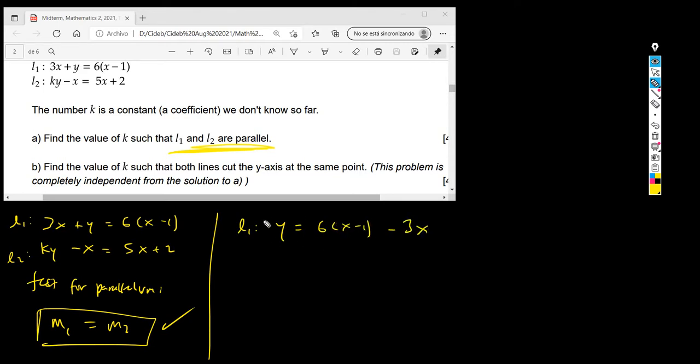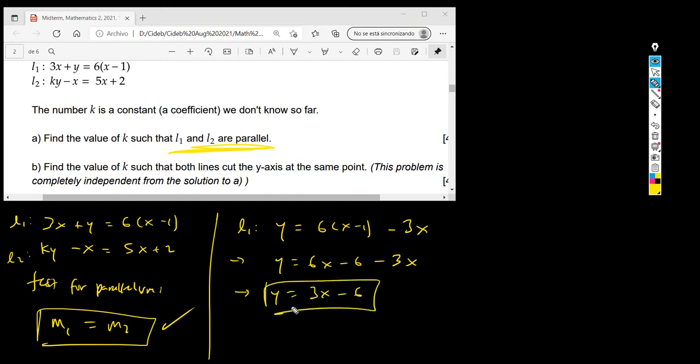I'm first going to work with L1. You don't have to be writing L1 every single time. Let's just work with the equation. This is line 1 in slope-intercept form. What can I conclude? I conclude that its slope is 3.